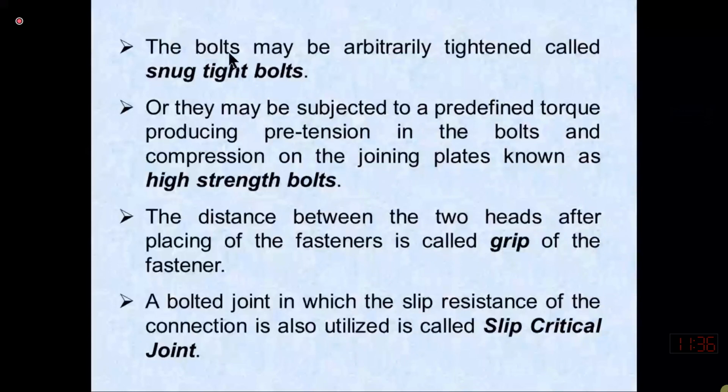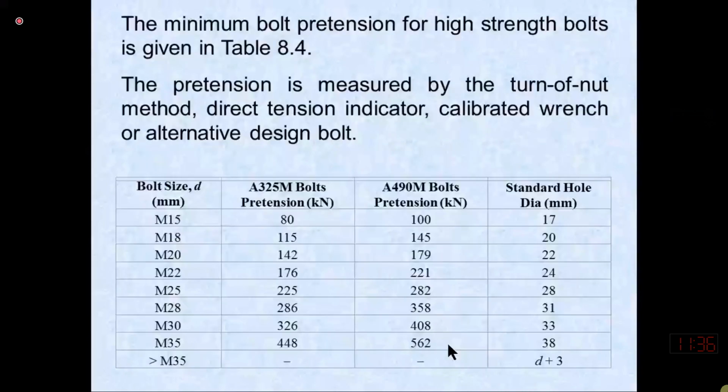And if we have an M20 bolt, M20 means that the nominal diameter will be 20 mm. If we want to use a bolt of diameter 15 mm, we need to punch a hole of 17 mm. So we have a 2 millimeter margin of slip in this case. This slip can be avoided if we provide the pre-tensioning.